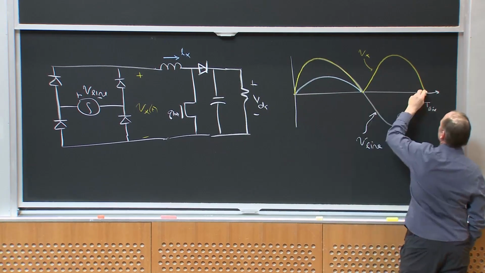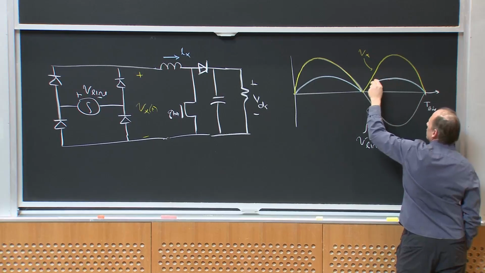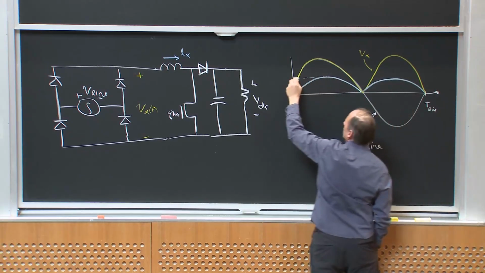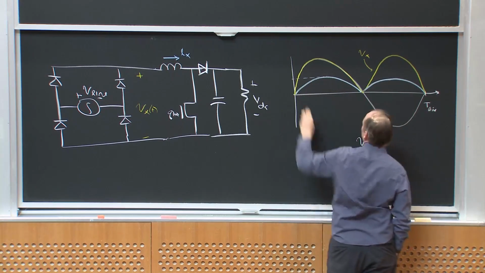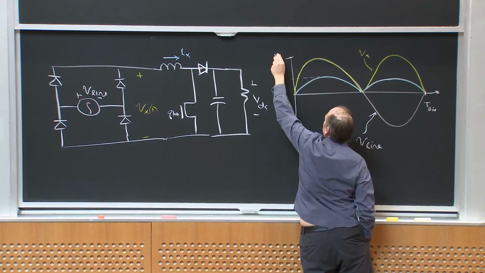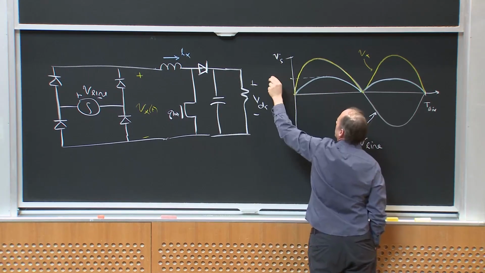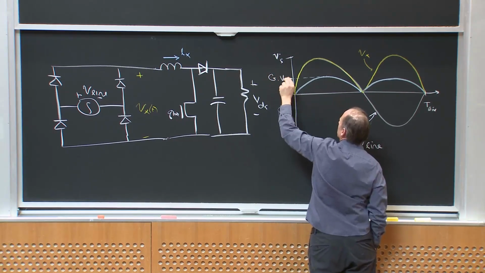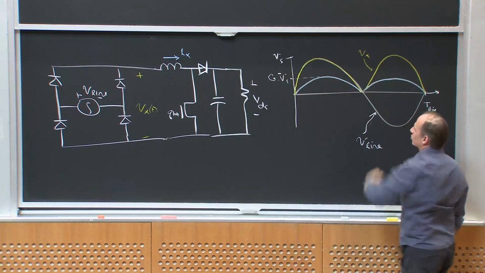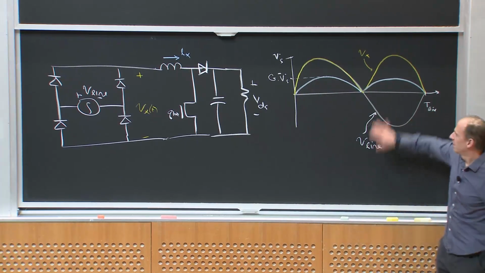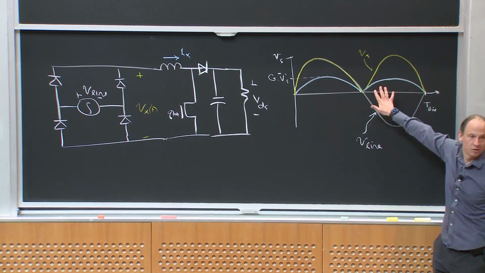There's going to be some switching component to it. But if this is a voltage with peak Vs, maybe I'll make its peak G times Vs. All right, so it's going to have a sinusoidal reference current, and I'm going to track it, okay?